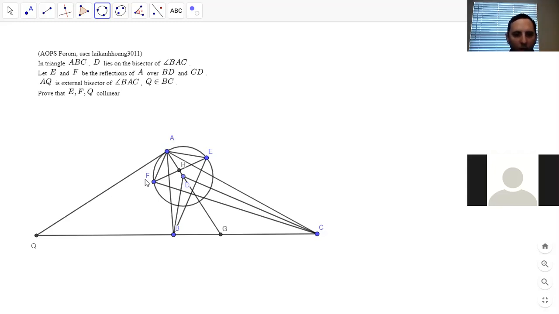It is pretty obvious because D is the circumcenter of that circle. Yeah, because of the reflection. Yeah, because DA equals DE equals DF. So yeah, since it's perpendicular, it's tangent. It's a good observation.